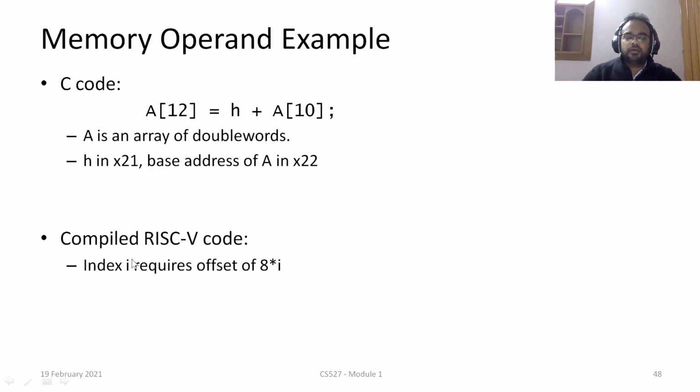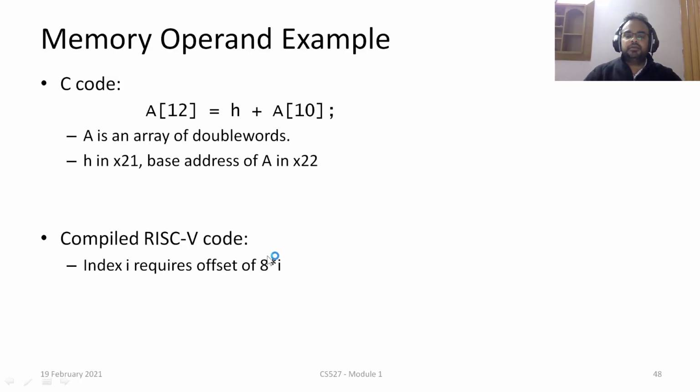If we have the address of A of 0, A of i can be obtained by adding this address of A of 0 with a value 8 times this index i. Now why is it 8? Because A is an array of double words. 64 bits is 8 bytes, and RISC-V is byte addressable, which means that A of 0 and A of 1, if you look at the address, are 8 spaces apart.